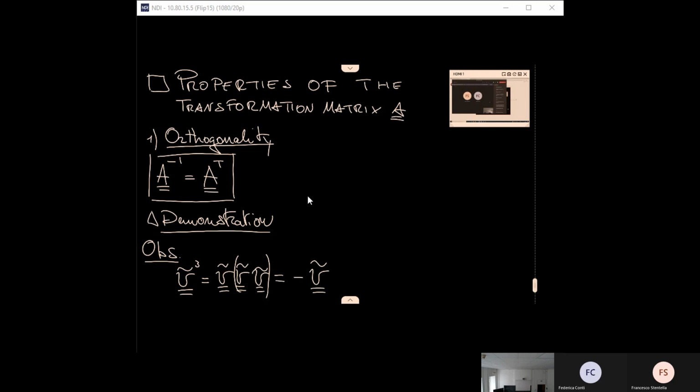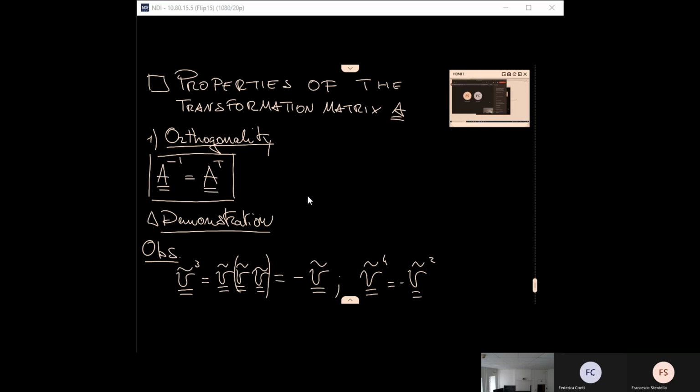Then we have other things of the like. For example, v tilde to the fourth is equal to minus v tilde to the second. This also is something that you can prove.